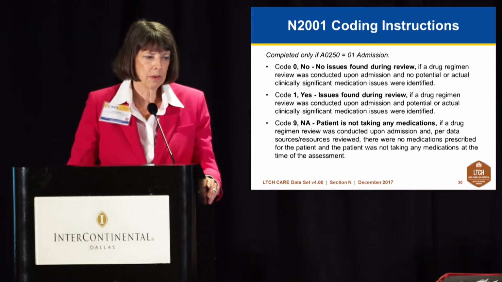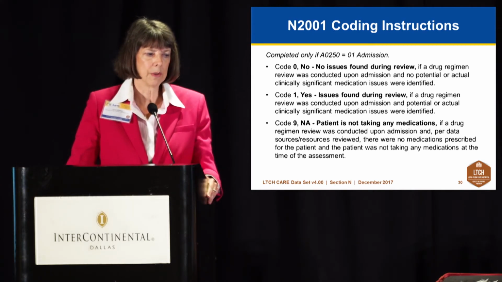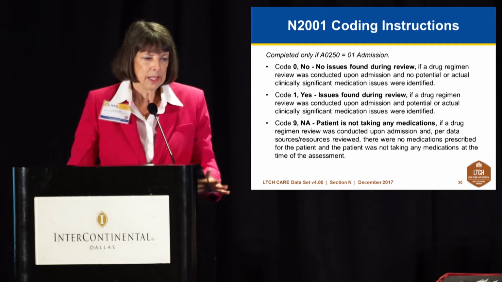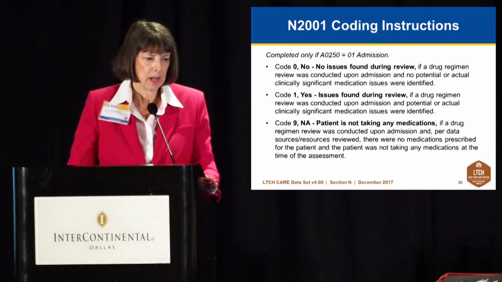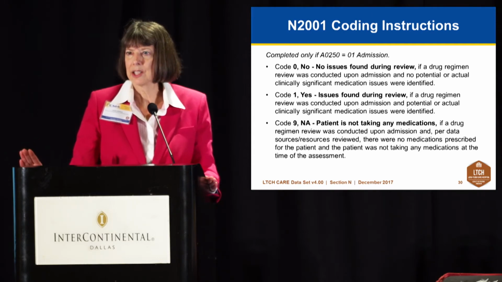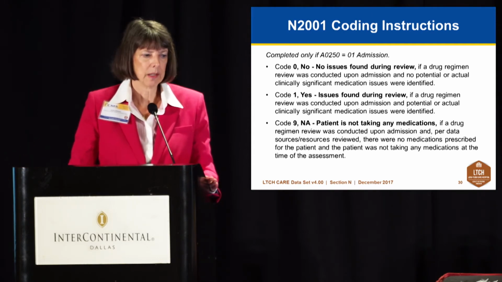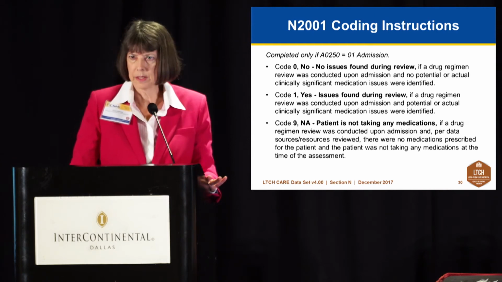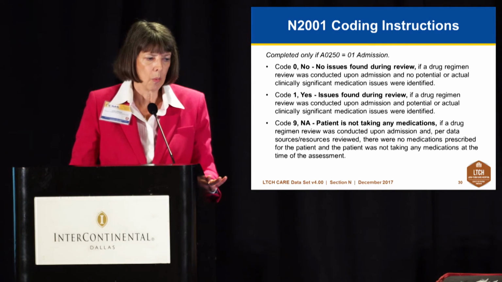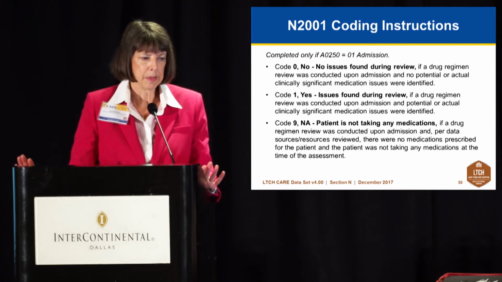So coding 0, no issues were found during the review, is only determined after a drug regimen review was conducted upon admission and no actual or potential clinically significant medication issues were identified. That's code 1, yes, would be issues were found during the review.